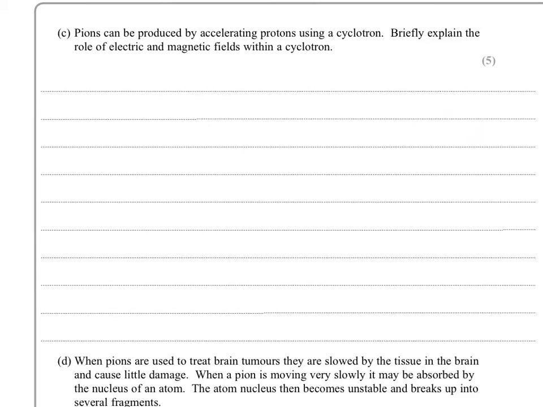Okay, so here you're asked to explain the role of electric and magnetic fields in a cyclotron. And we remember that there's a reversing electric field that happens between the Ds, and that allows the particles to accelerate in the gap between the Ds as they cross the path. And that will be given by W equals QV each time they cross.